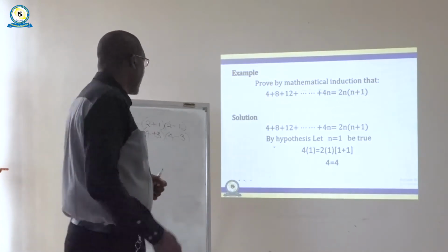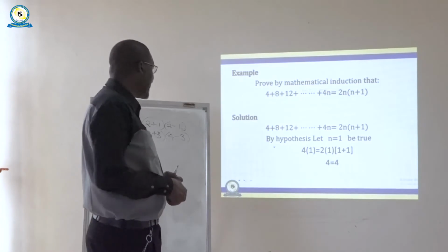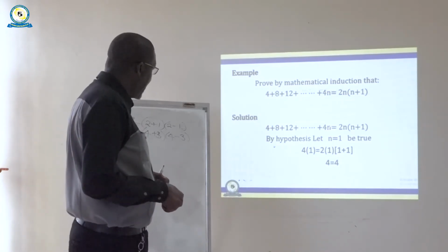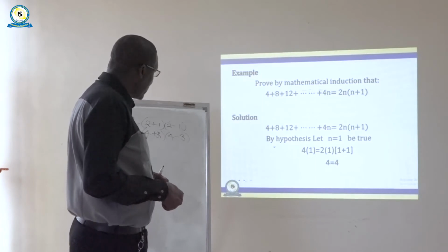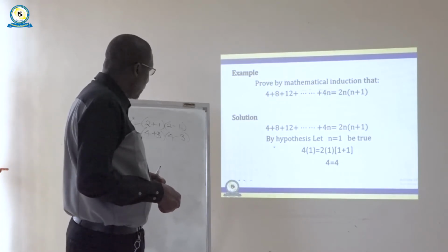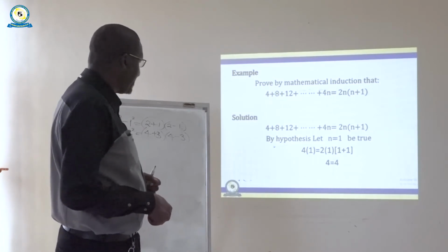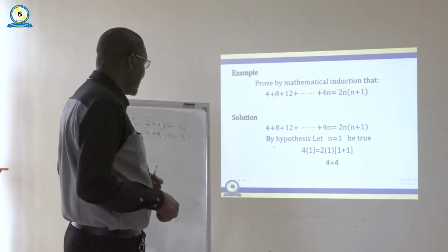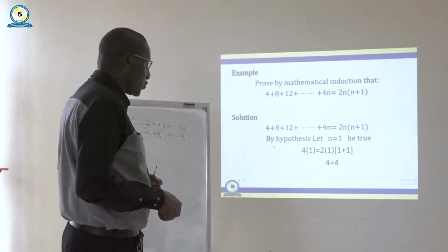To prove this, by hypothesis, we let n equal 1 and check. 4 times 1 equals 4, and 2 times 1 times (1 + 1) is 2 times 2, which equals 4. This statement is true: 4 times 1 equals 2 times 1 times (1 + 1), 4 equals 4.